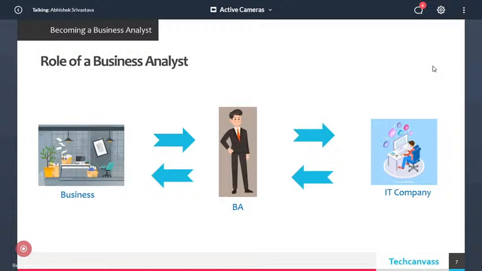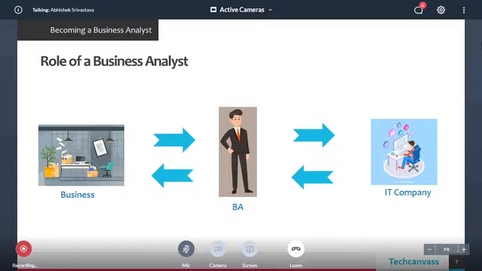They talk to the customer to understand what the customer wants in terms of software, their requirement. For example, the customer says, I want people to come to our website, register and make a purchase. That's the way the customer tells you what they want.